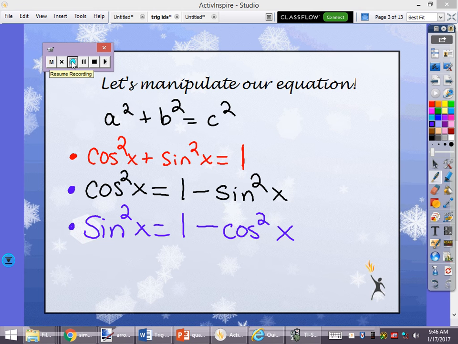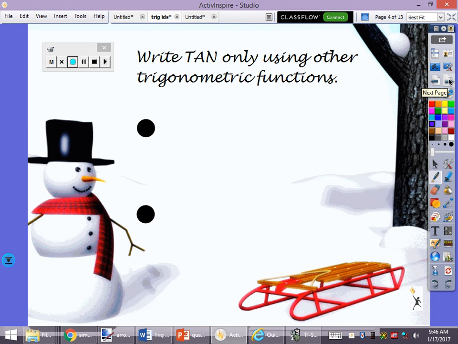Okay, so moving on. Think about tan. We can write tan other ways. What is another way we can write tan? Excellent. Sine over cosine. Okay, what's another way? Who's tangent's partner in crime?